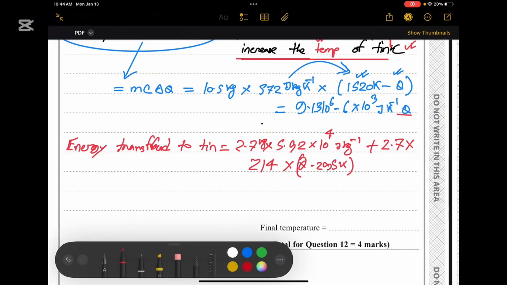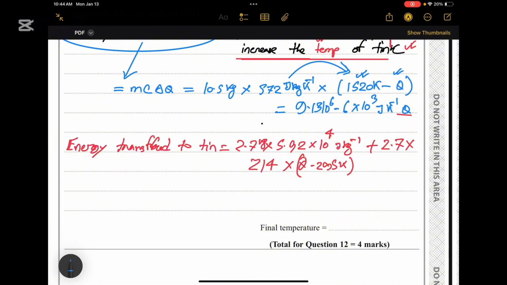After writing them all, we just have to multiply this part and this part. If we multiply, we get 2.7 into 5.92. Actually, we can do the whole thing together.